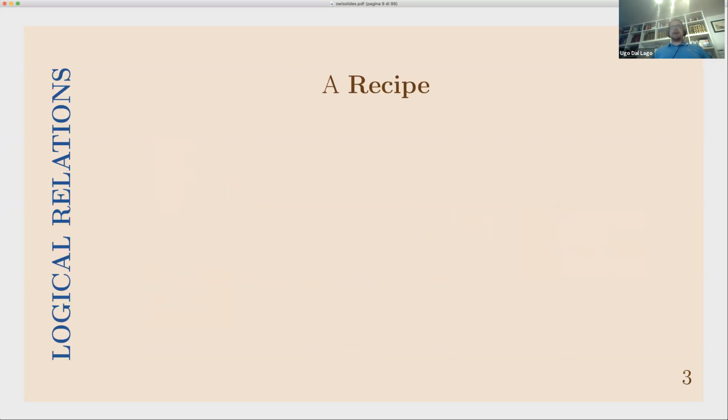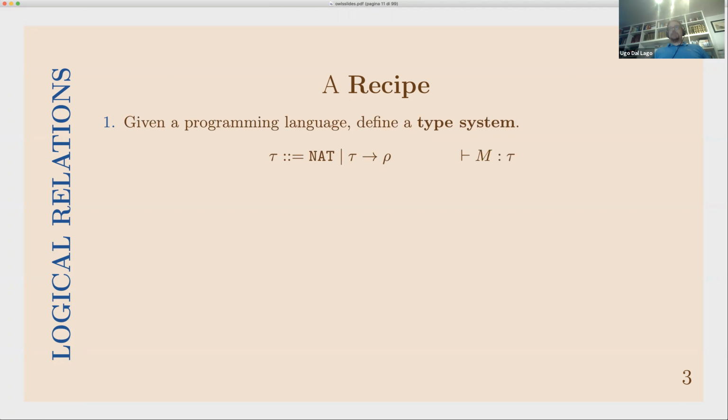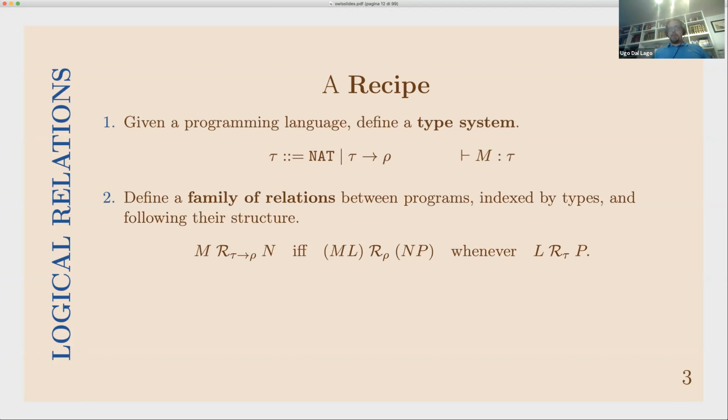So very good. Another way of giving semantics to programs is by way of logical relations, and a recipe for logical relations, which is a very well known semantics, is the following one. You can, for example, start from a programming language like the one I was mentioning before, a functional programming language with just some ground types and the arrow construct, and you type terms by way of this type system.